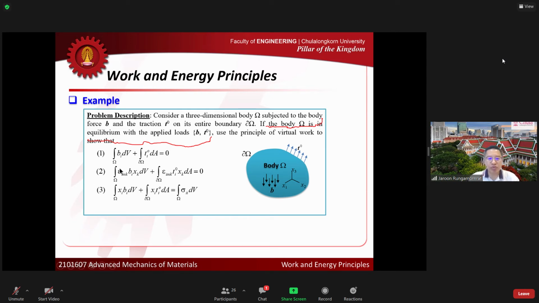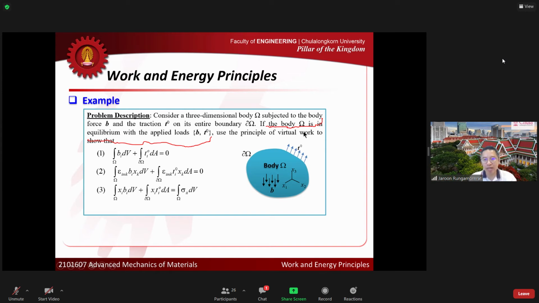How can we prove these 3 equations? You have to choose an appropriate virtual displacement, right? If you remember, the equilibrium equation and the virtual work equation are equivalent.